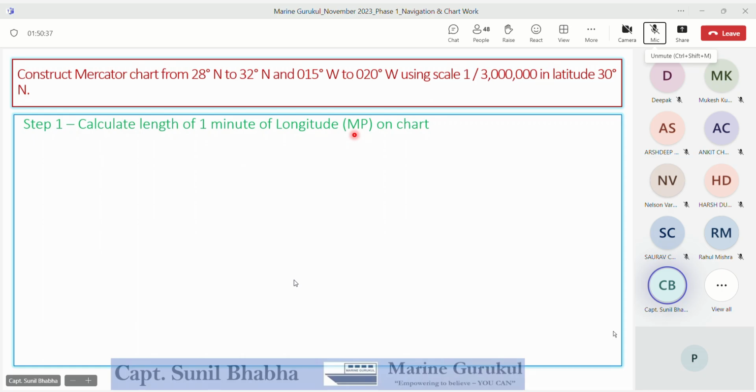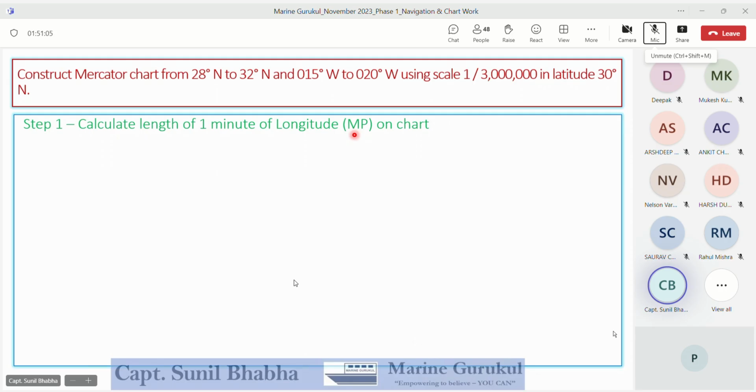So we take this 1 minute of longitude or 1 meridional part as our building block, and using this we construct the entire chart. We cannot use the latitude scale here because we are aware that in different parts of the chart, the length of 1 minute of latitude keeps on changing, thus making it difficult for us to construct the chart.